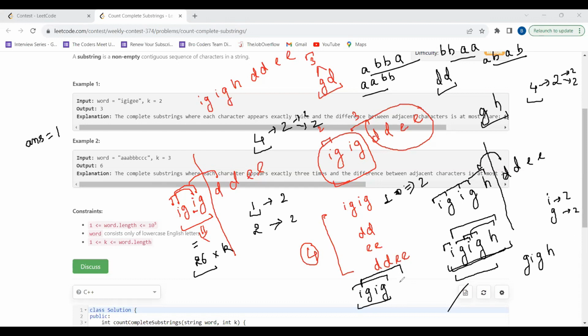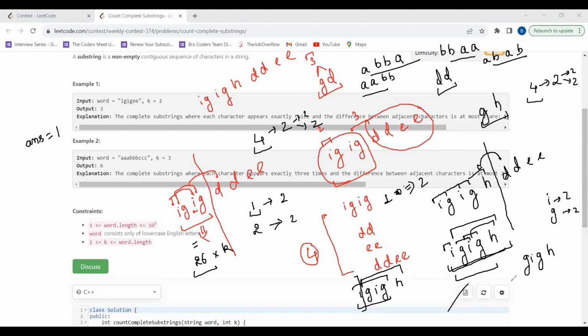So we'll just do what? We'll add the next character's frequency and reduce the first character's frequency we had till now. Clear? We are using sliding window for that.